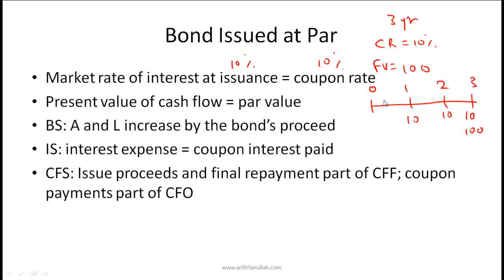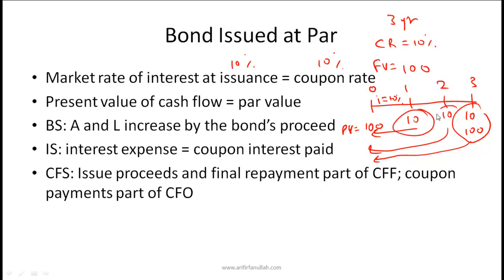So if the market rate of interest is also 10%, notice that the present value of all these cash flows will be equal to 100, which is the par value. And if you are unclear about what I'm saying, do this calculation, figure out the present value of this cash flow, and you will notice that that is equal to the par value of 100.